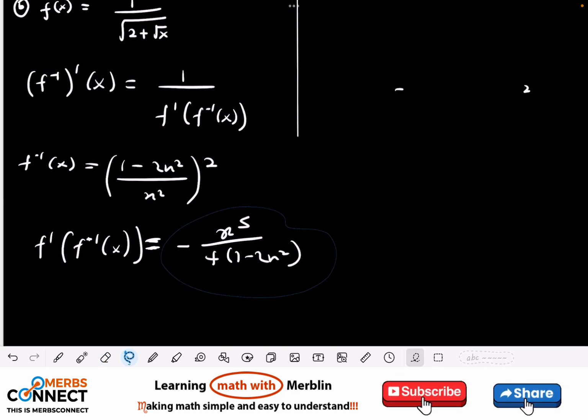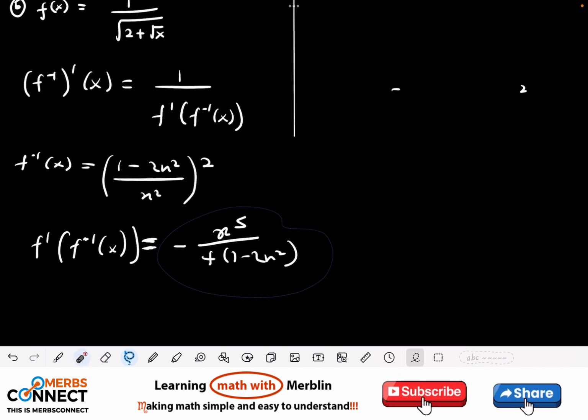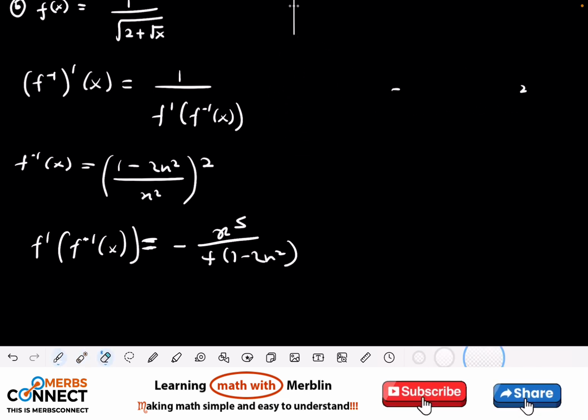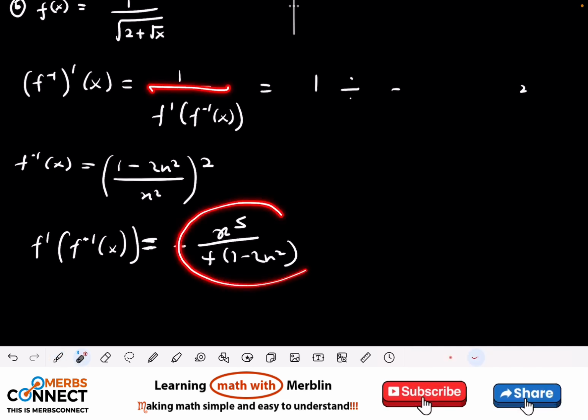So we can see that this is what is here. So we just need to plug it in here. So we are going to have this to be equal to 1 divided by this, then I'll write this one here.